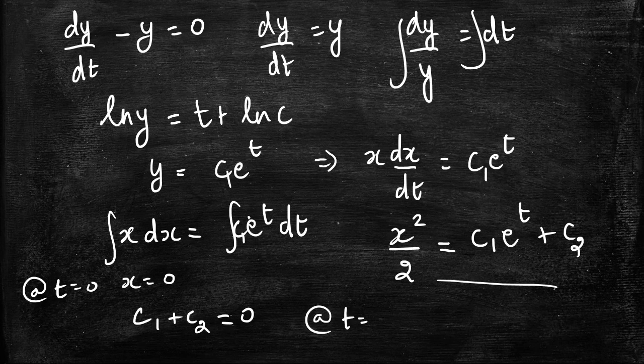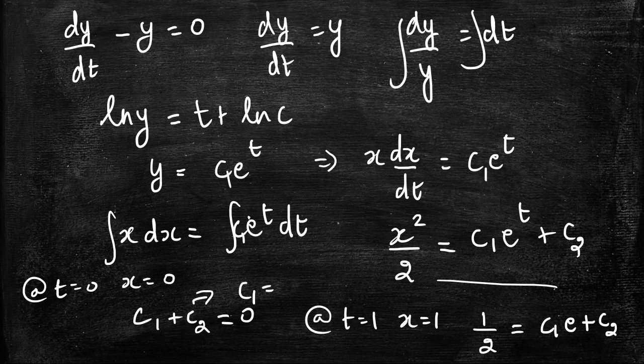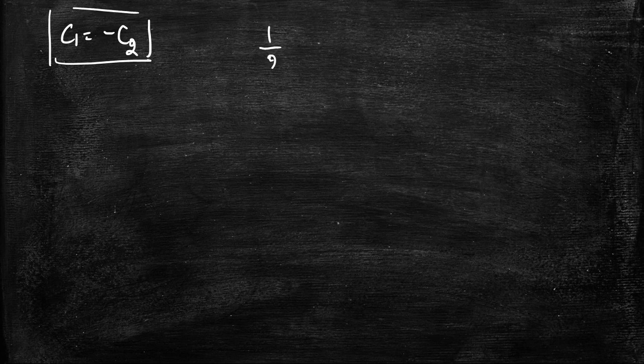And at t is equal to 1, x is equal to 1. So you will have 1 by 2 is equal to c1 e plus c2. From this, I can write that c1 is equal to minus c2. Now I am going to use that c1 is equal to minus c2 over here, that is half is equal to minus c2 e plus c2.